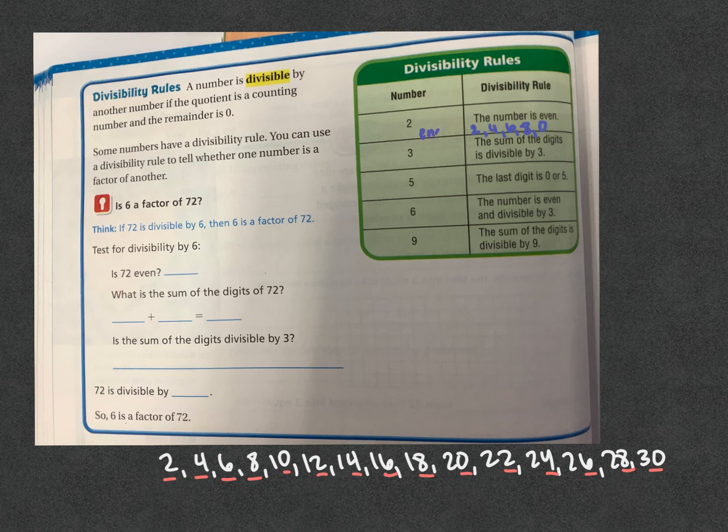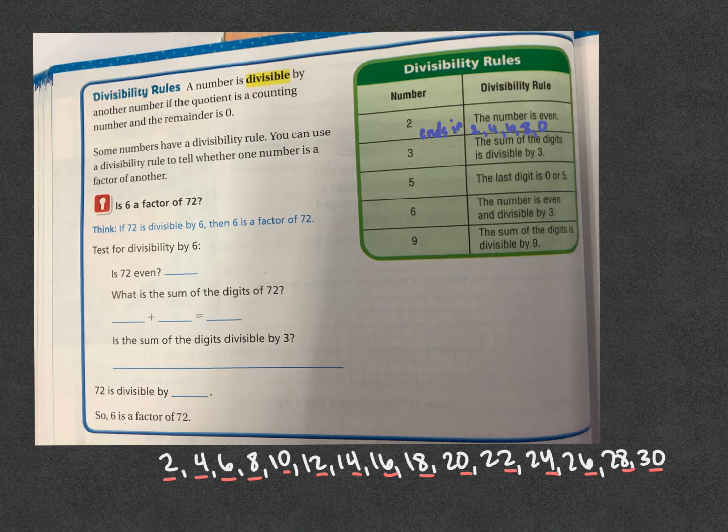Those are even numbers, and 2 can divide equally into any even number. So 2 is a factor of any even number, and an even number is a number that ends in 2, 4, 6, 8, or 0. So if you look at a number like 72, for example, it ends in a 2. So if I asked you, is 2 a factor of 72? You could say, yes, it is, without even calculating, because it's even. It ends in a 2.